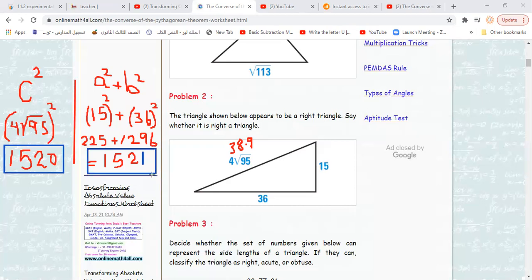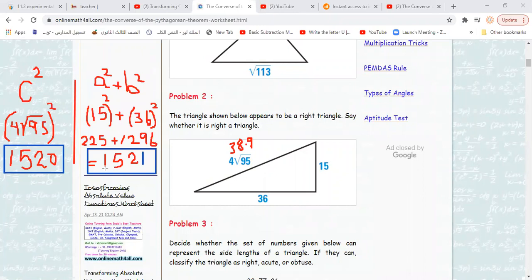So in this case, will it be a right triangle or not? It's not a right triangle, but it will be acute. Why will it be acute? Because the square of the largest side is smaller than the sum of the squares of the other two sides.